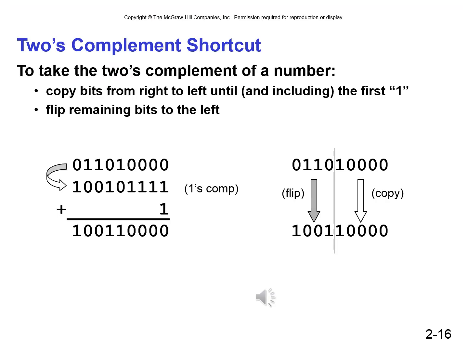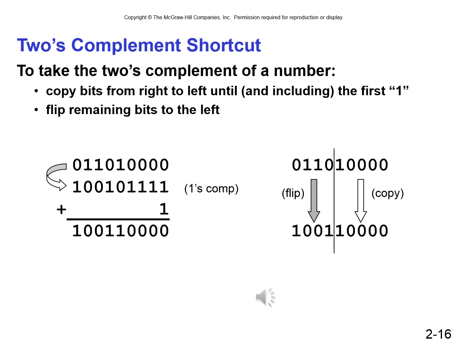Here is a shortcut for 2's complement. On the left-hand side, you'll see the traditional flip the bits and then add 1. On the right-hand side, you'll see the shortcut, which, to be candid, I don't use.